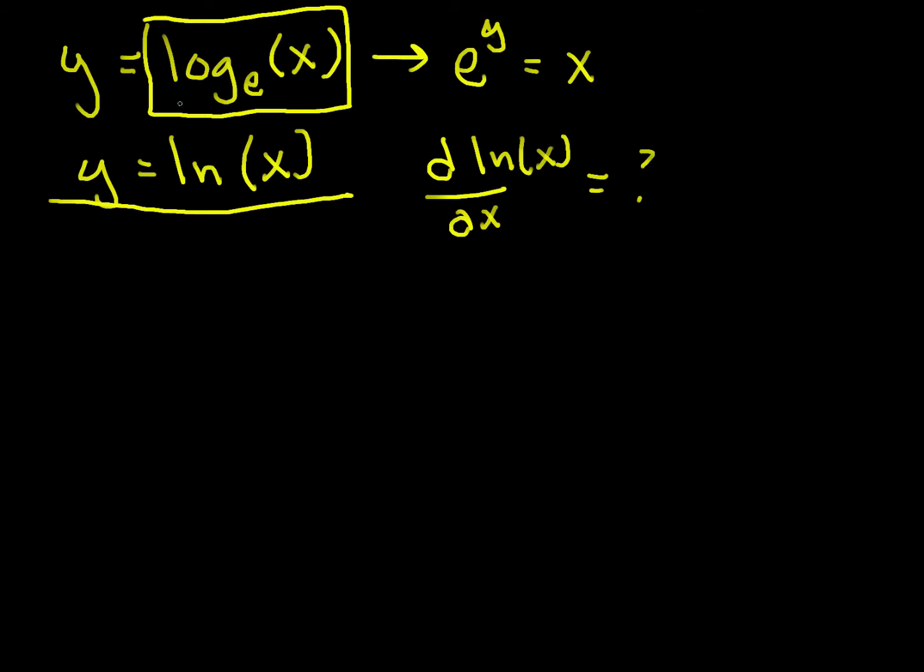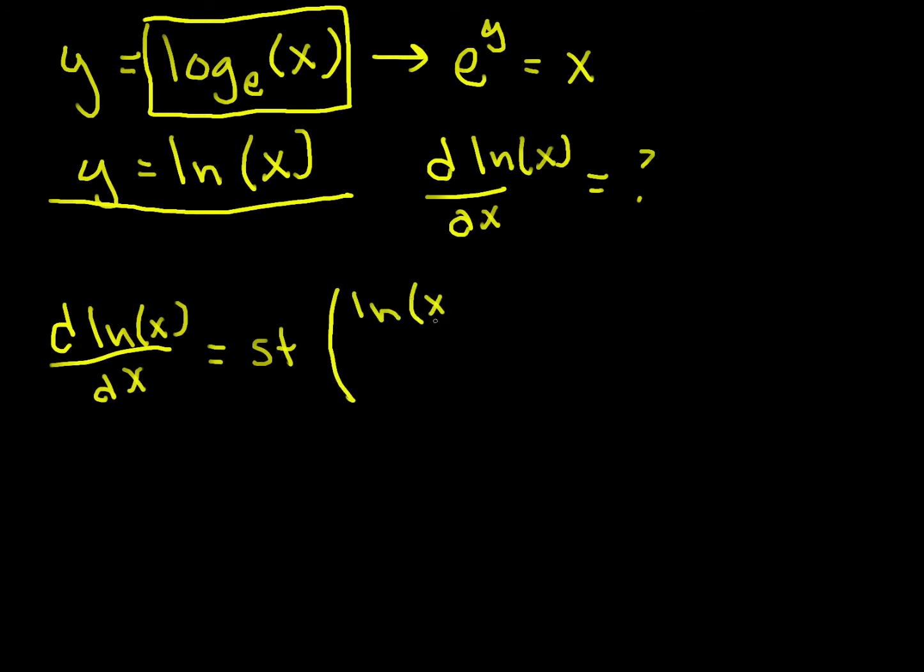So we know that the differential of the natural log of x with respect to x has got to be the standard part of the natural log of (x plus delta x) minus the natural log of x, divided by delta x.